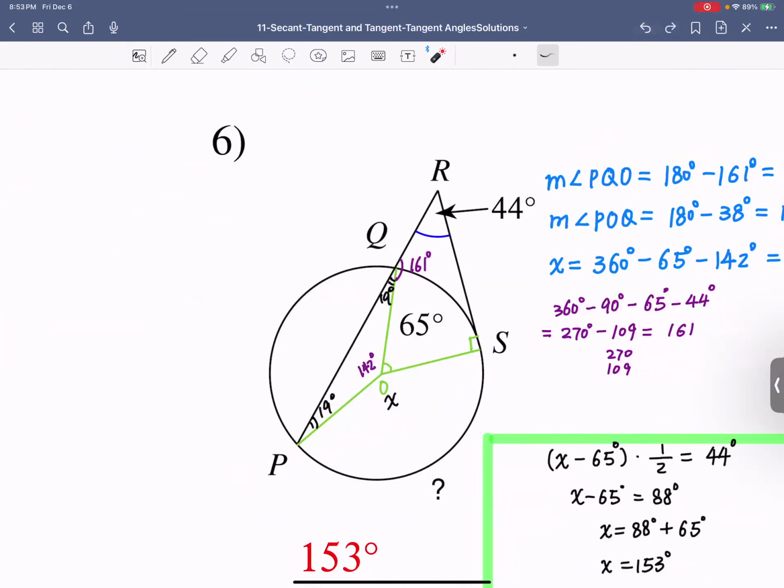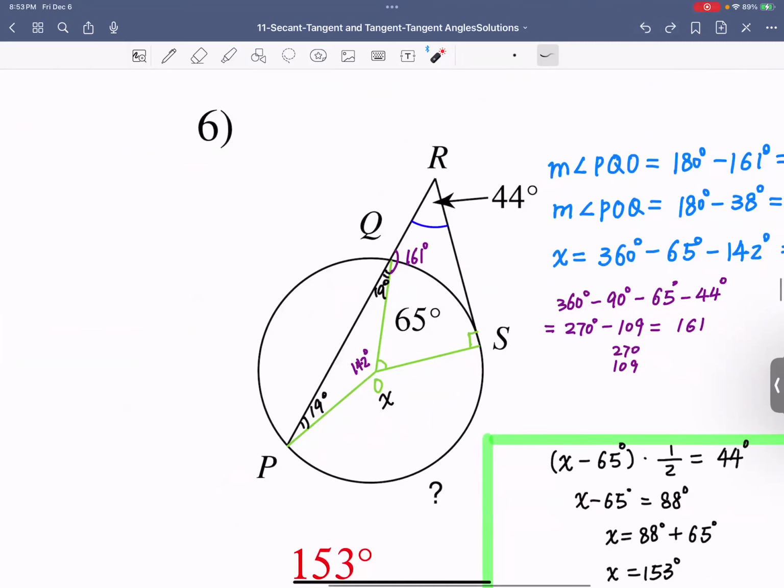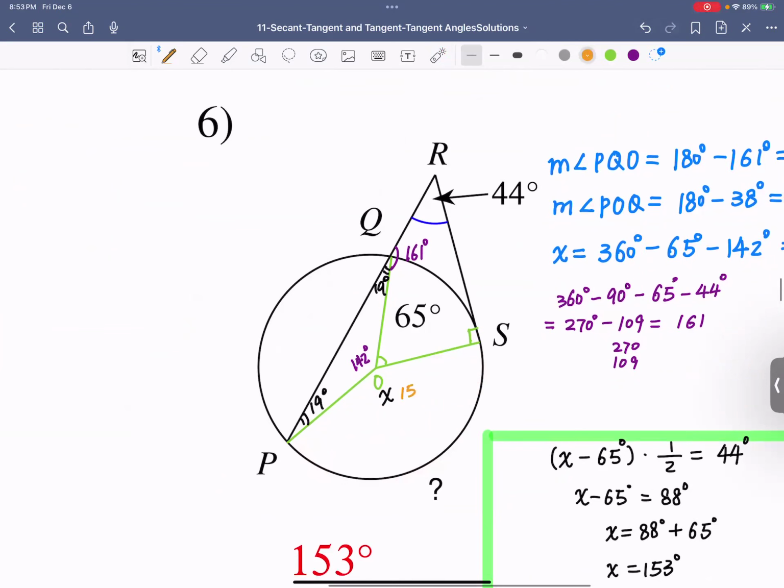Look. Now I want you to ask a question. This is 153. Did you notice that? You use 153 minus 65 equals how much?